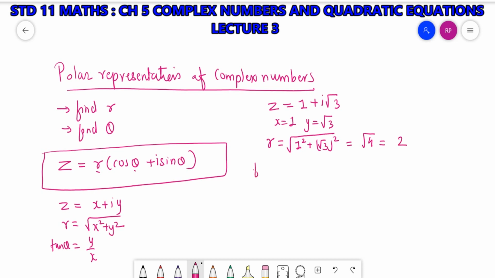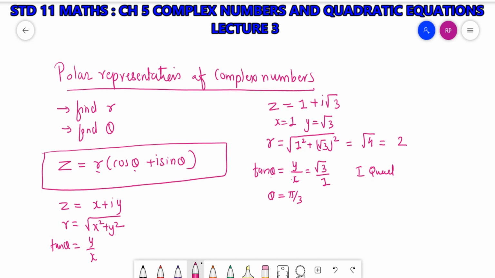Now theta, tan theta is equal to y by x, so that is equal to root 3 by 1. Now see both are positive. That means first quadrant. Right? So when is the value of tan theta root 3? That is 60 degree, and that will be equal to pi by 3. So in first quadrant, theta will be equal to pi by 3.